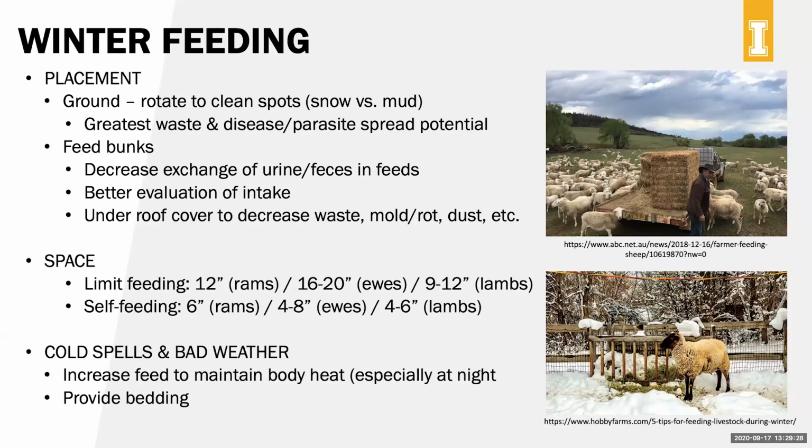You can also better evaluate the intake that they're actually eating versus maybe wasting, laying on, etc. So if you feed into a bunk, have a good understanding of how much you're actually giving them from a weight standpoint, and that'll help you understand why you may be seeing signs of obesity or animals getting skinny or whatever it may be. You have a better way of evaluating that.